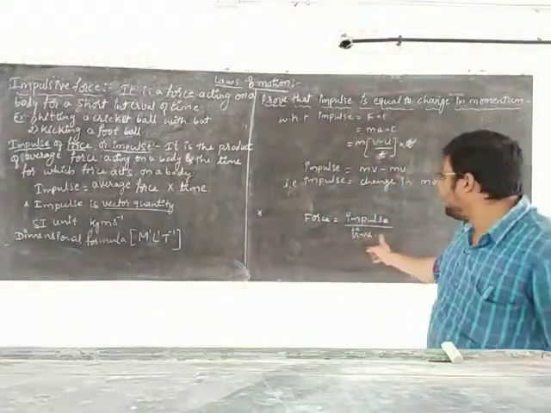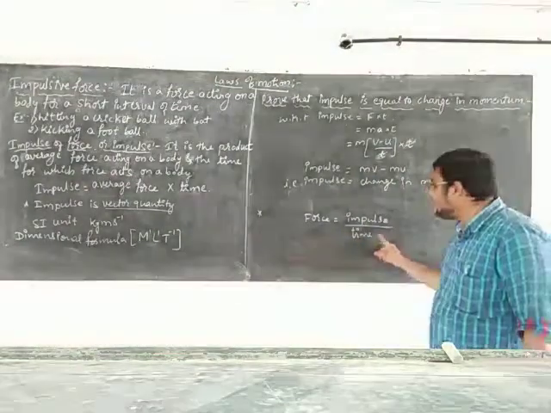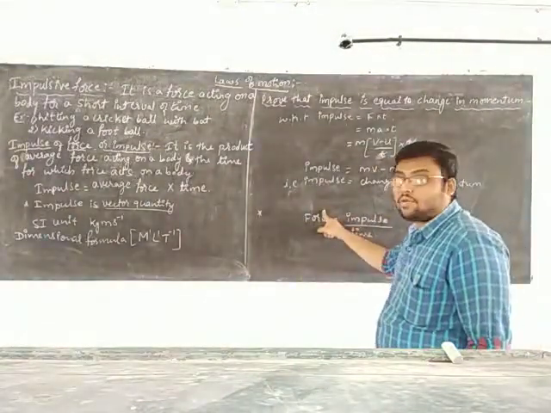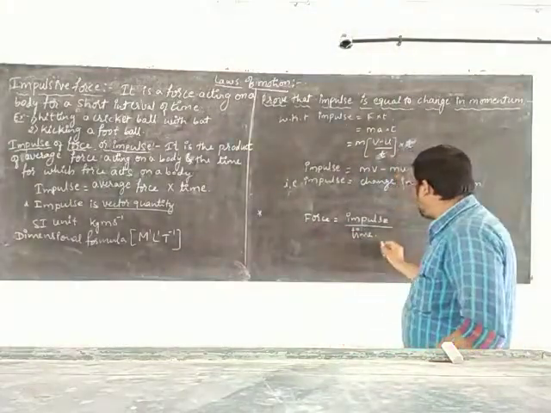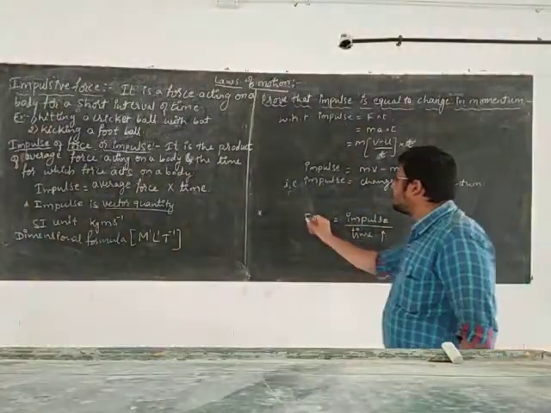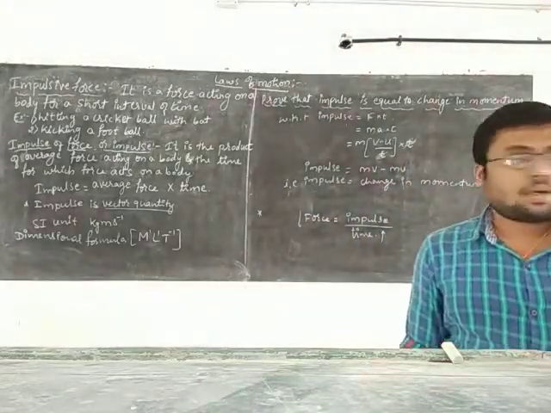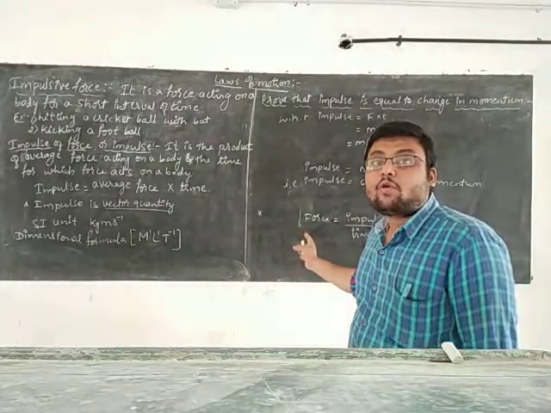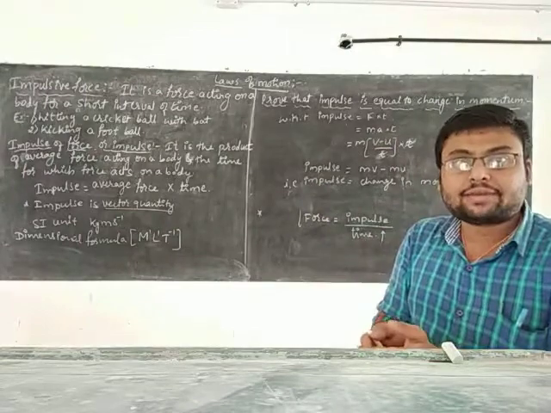Look here, if the time increases, the denominator increases, then what happens to the force? The force decreases. If the time of impact increases, the force decreases. That means he won't get any injuries, he won't get much force on his hand.